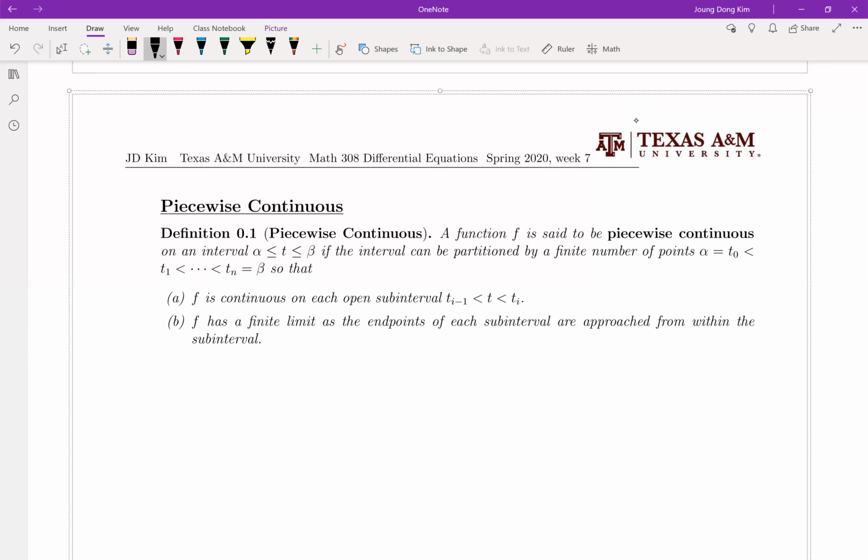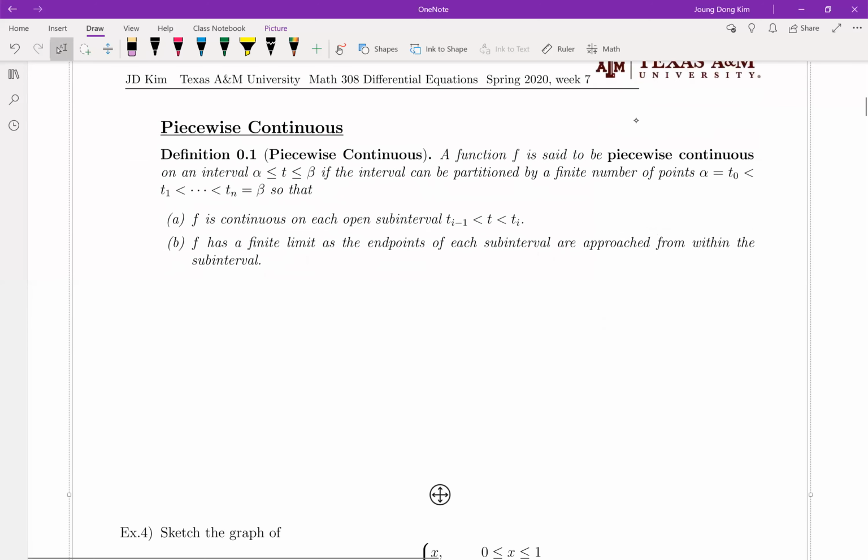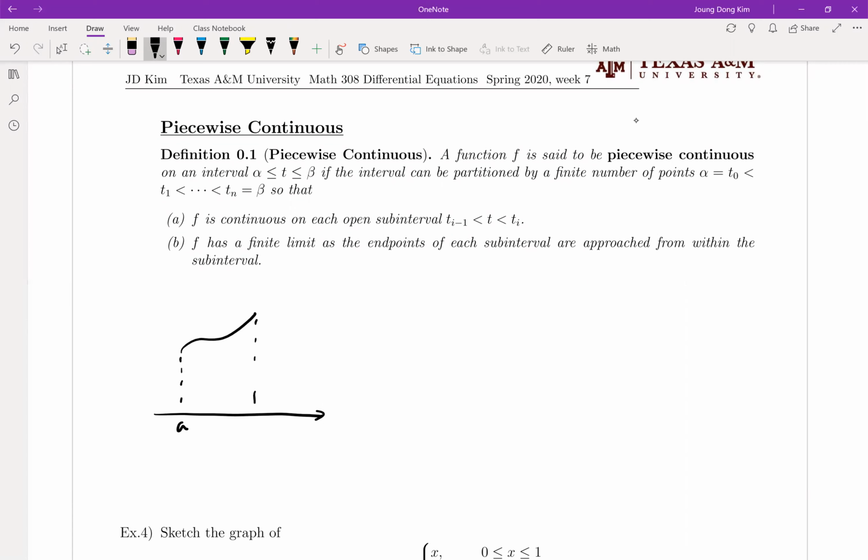Okay, let me give you a couple of obvious examples. The first one is this one. You have just a continuous function between A to B. It is obviously something like that.